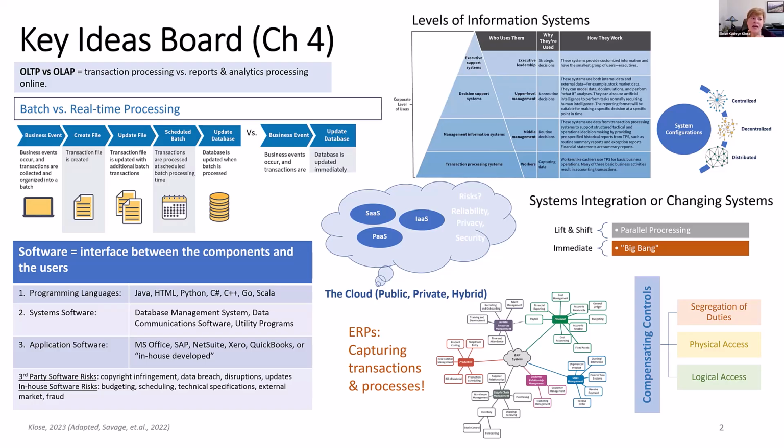And then on the OLAP side, when we're running reports and analytical processing, that's where we're going to see more queries, presentations, and visualizations. Both of them are real-time types of systems, which is important to remember. One will be recording those transactions and another will be reporting on them. So keep those vocabulary terms in mind.